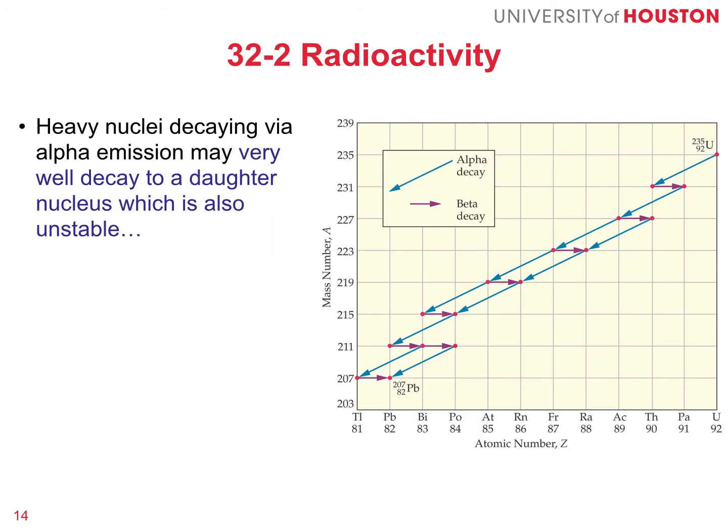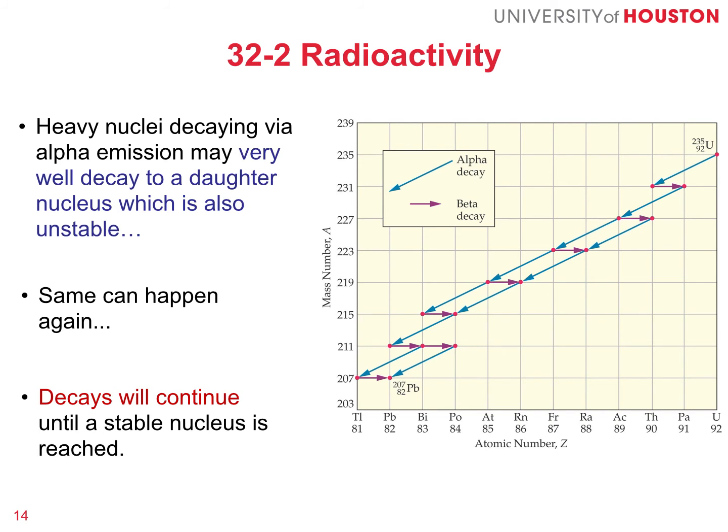Now, it often happens that nuclei that decay into other nuclei, the other nuclei are also unstable and they can decay into something else. This will continue until a stable nucleus is reached, and that typically is a lead nucleus or something with a lower mass than the lead nucleus.